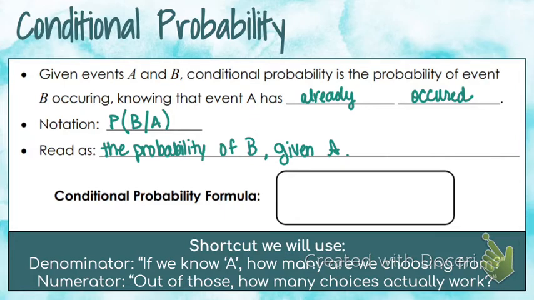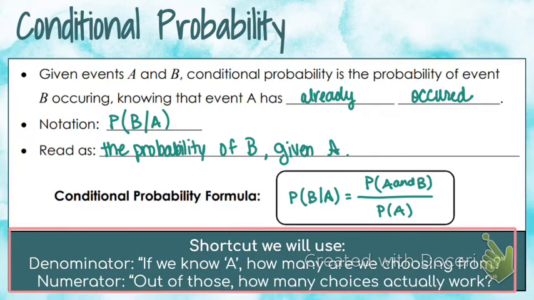The conditional probability formula is probability of B given A equals probability of A and B, which is what we worked on last time, over probability of A. So we are going to use this handy dandy shortcut.